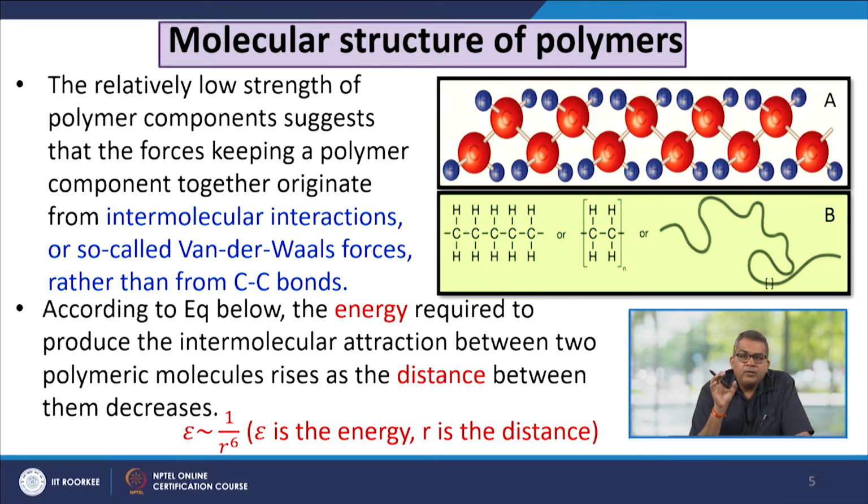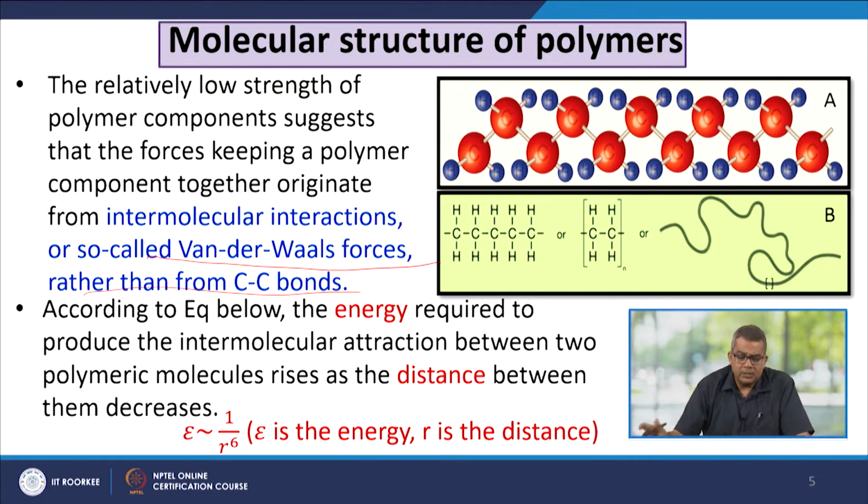Now, the relatively low strength of a polymeric component suggests that the force keeping a polymer component together originates from intermolecular interaction, and that is called van der Waals force, rather than from C-C bonds.